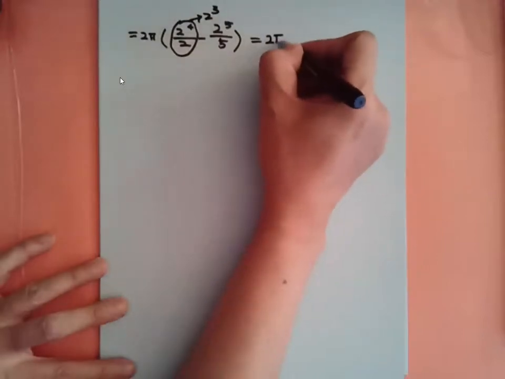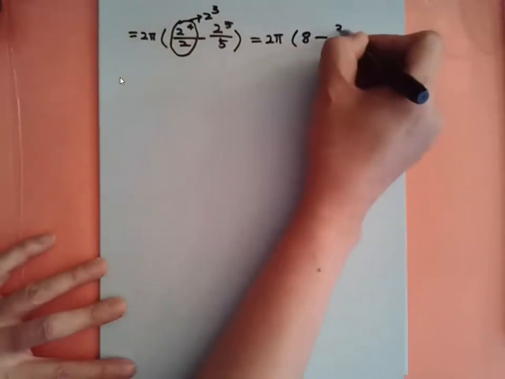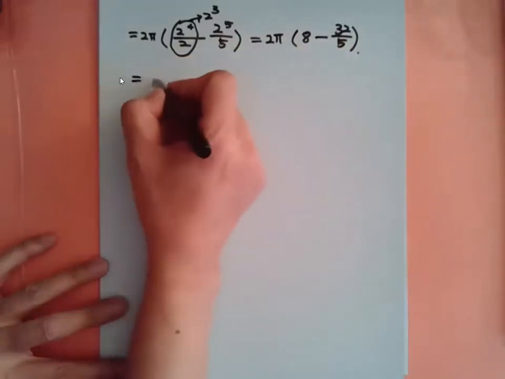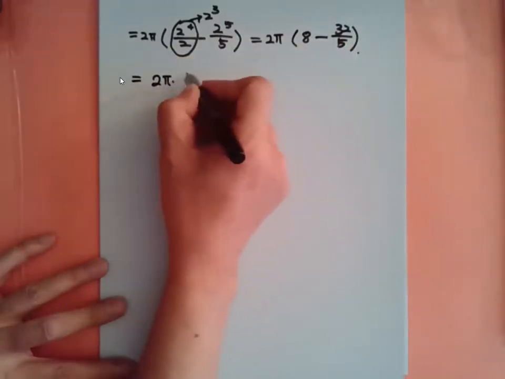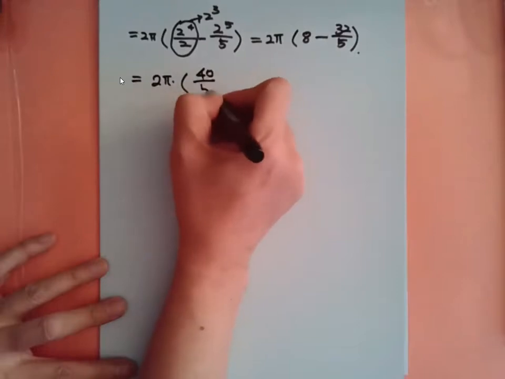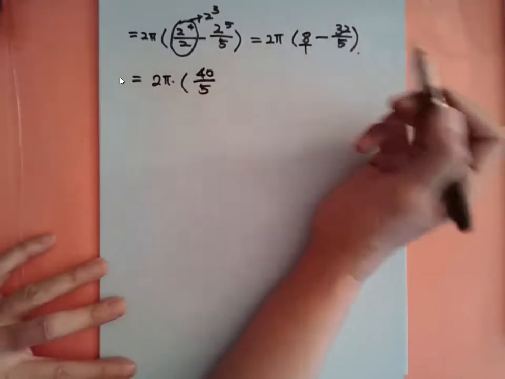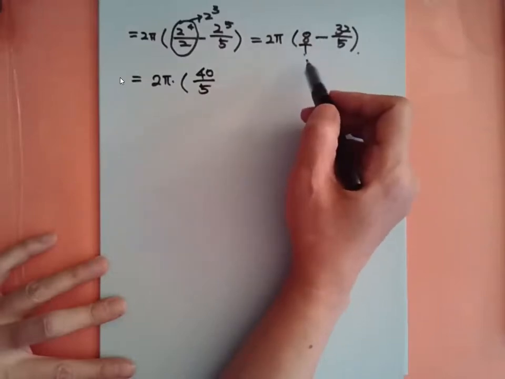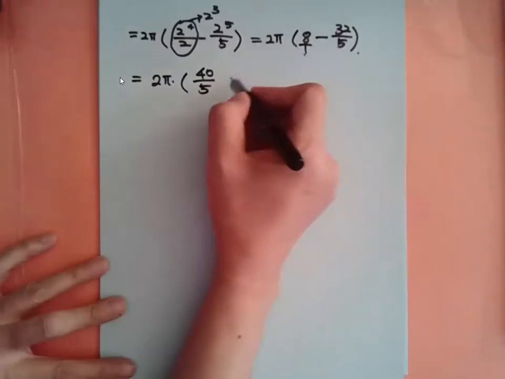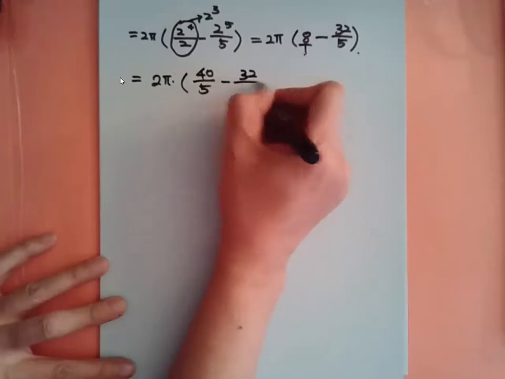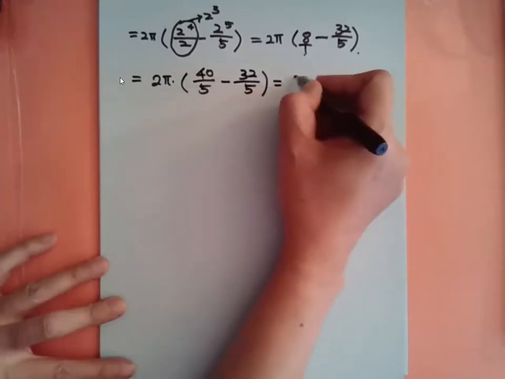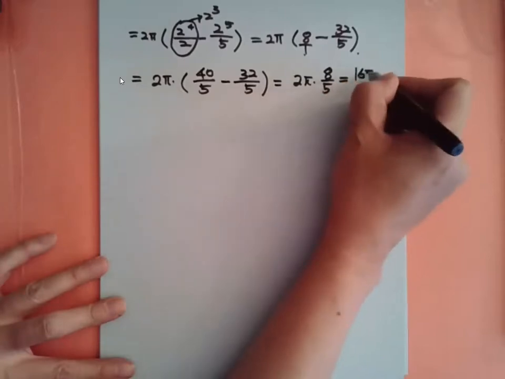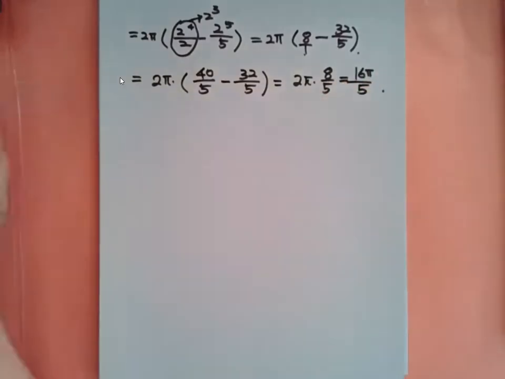So 2 pi times 8 minus 32 over 5. So that becomes 2 pi times 40 over 5, because 8 over 1 multiplied by 5 in the numerator and denominator makes 40 over 5, minus 32 over 5. So it becomes 2 pi times 8 over 5, which is 16 pi over 5.